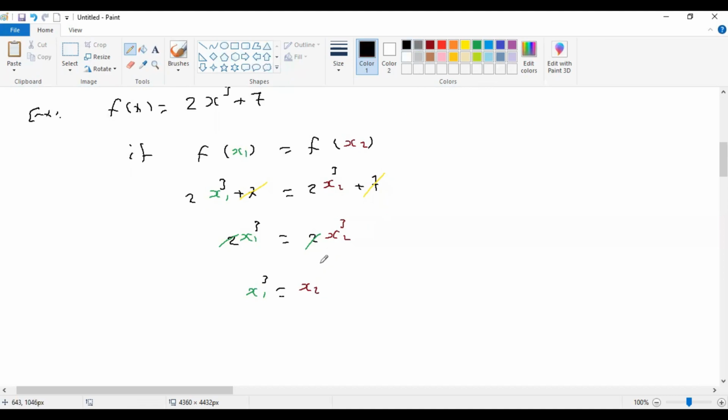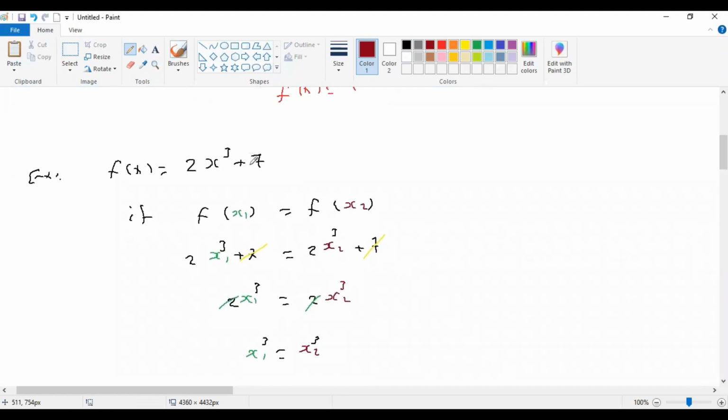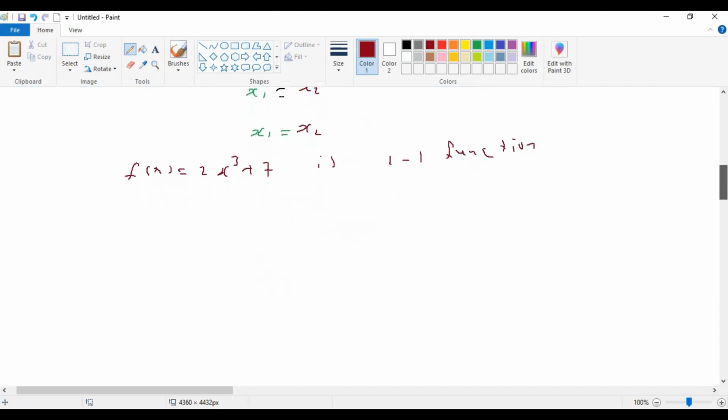And clear, the cube will not affect both sides. So taking the cube root, we have x1 equal to x2. So that means the function 2x cubed plus 7 is one-to-one. So the function f of x equal 2x cubed plus 7 is a one-to-one function.